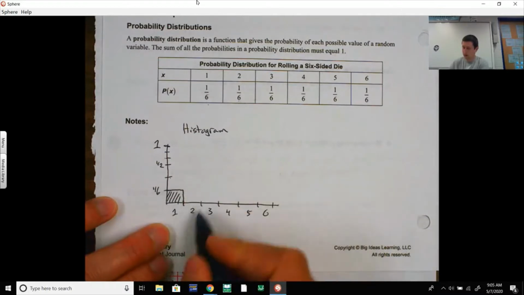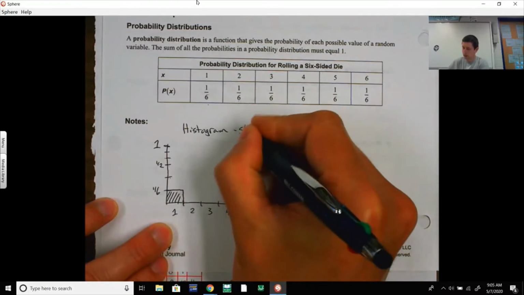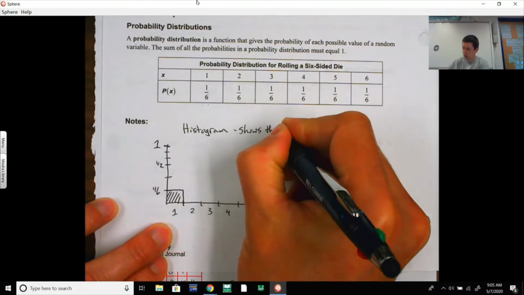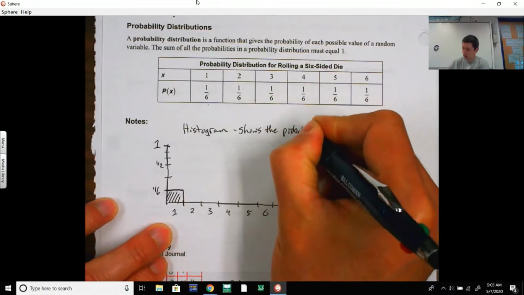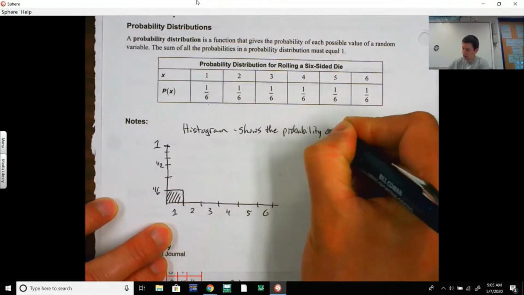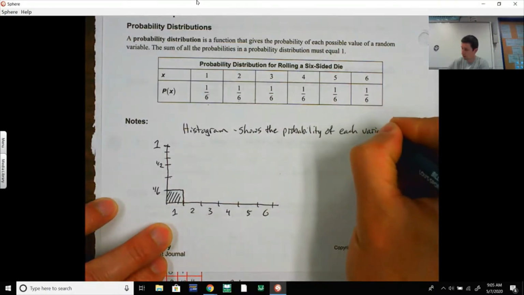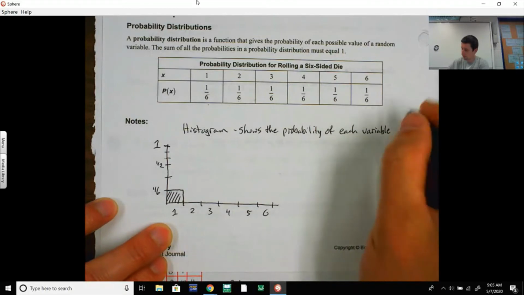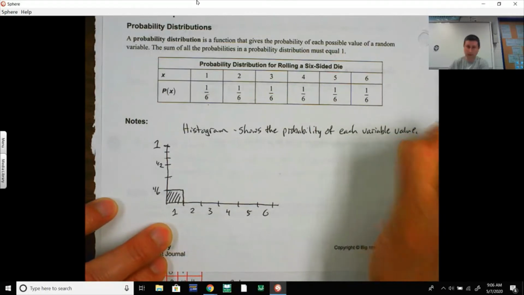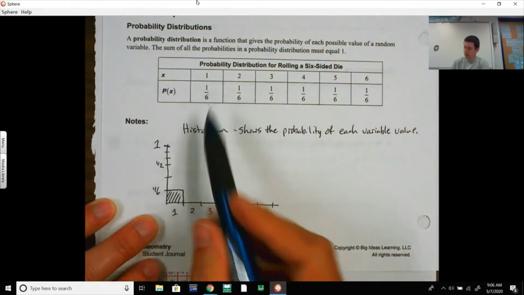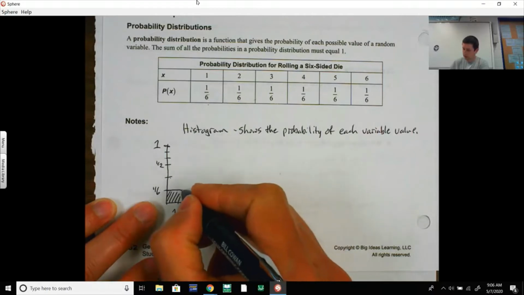Okay, so a histogram shows the probability of each variable value. Let's put it that way. Okay, so the probability of rolling a 1 would be 1/6. The probability of rolling a 2 would be 1/6.